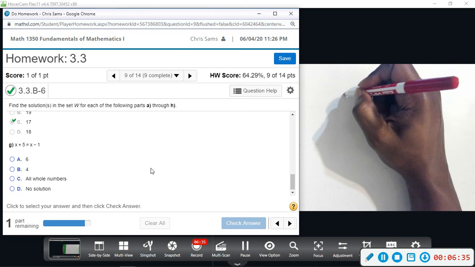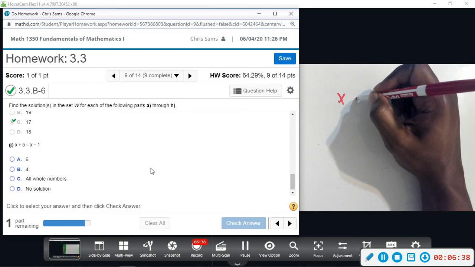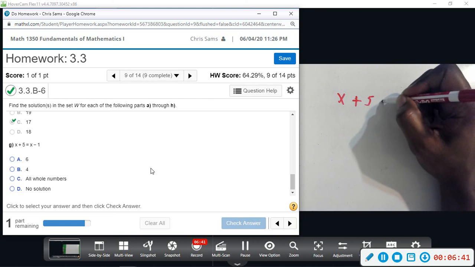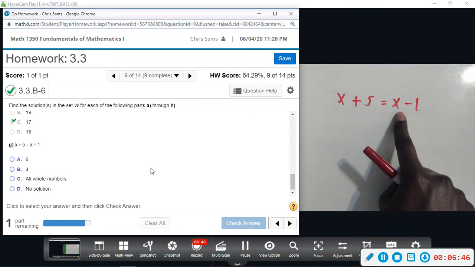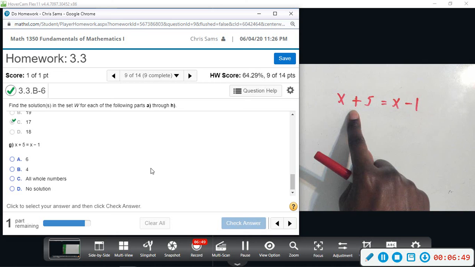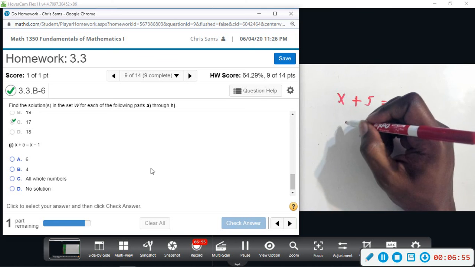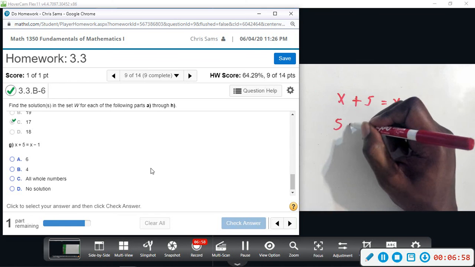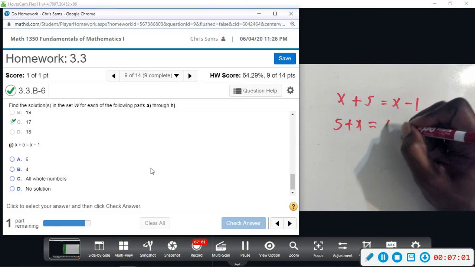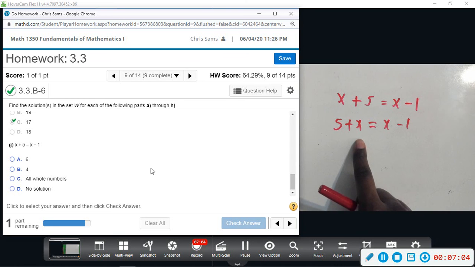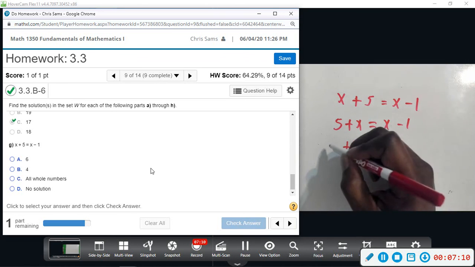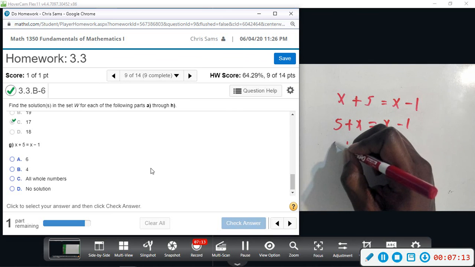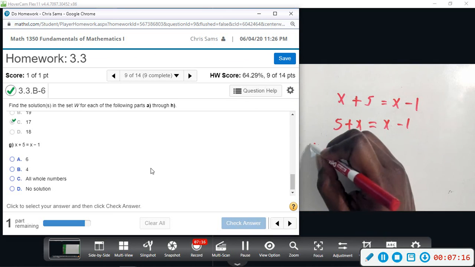Okay, with G, again, we're going to use some manipulation to this problem to try to get these sides to look the same. So I have minus 1 over here. I want to have a minus 1 here. So what we can do, I'm going to rewrite this as 5 plus x equals x minus 1. Okay, so in order to get a minus 1, I will take away 1 from this side, so I have x minus 1. But if I subtract 1, I have to add 1, so that will be the same as like adding 0.